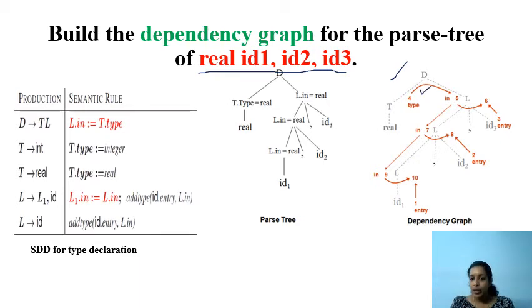Check the direction, it goes from T to L. That means T has to be evaluated first. From this L, we go to this L and ID. This L gets its value from its parent L, shown by the arrow 5 to 7, and from 7 to 9 means this L gets its value from its parent 7.